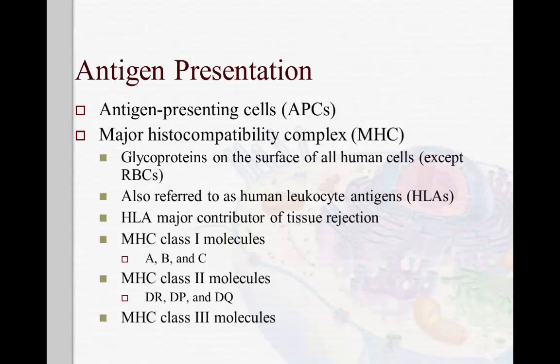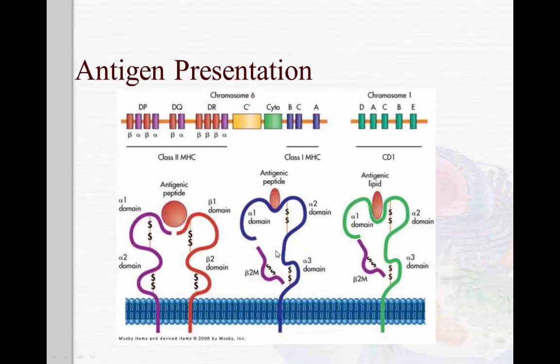So you have the CD8, which is the cytotoxic T cell, and the CD4, which are the helper T cells, which are the major two types of T cells that are present in the pathophysiology of HIV. The antigen-presenting cells that participate with the major histocompatibility complex, in this case, will be the B cells, the monocytes, the macrophages, and the dendritic cells. You have several types of major histocompatibility complex, which is class 1 through 3. And you have pictures of it.